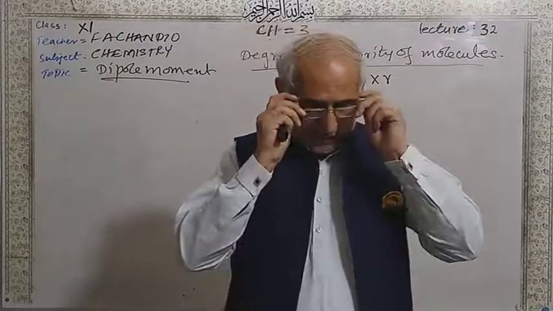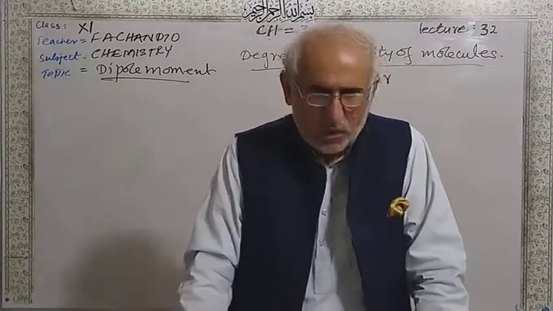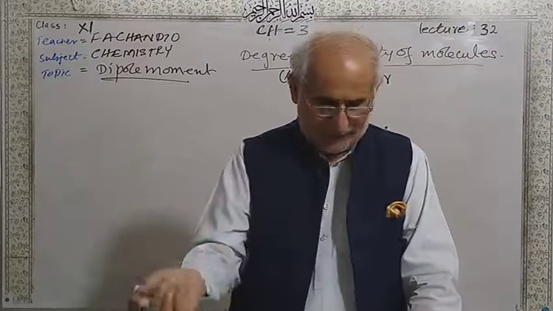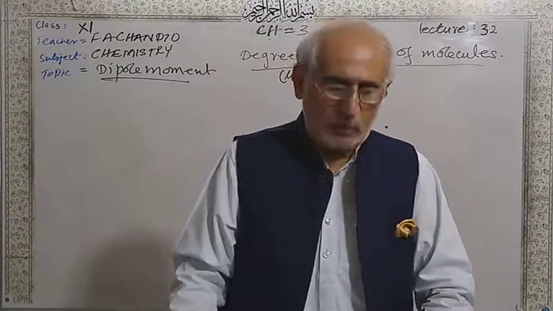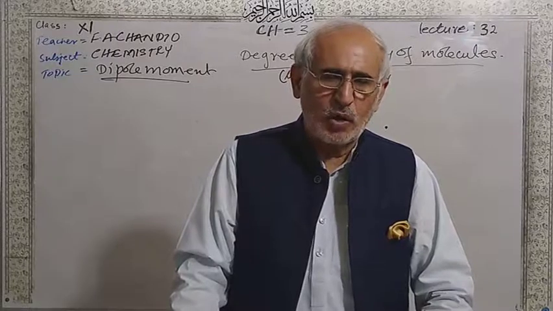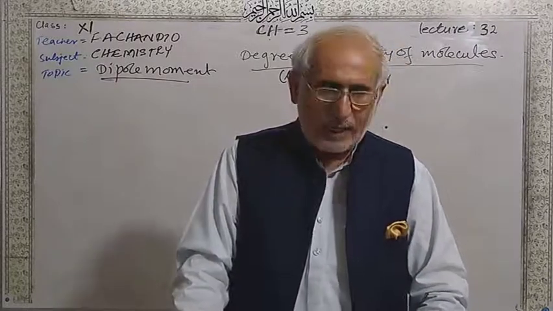Again I am telling you that dipole moment is a product of the magnitude of the charge, maybe positive or negative, and the distance between them, where small q is the charge at the end.